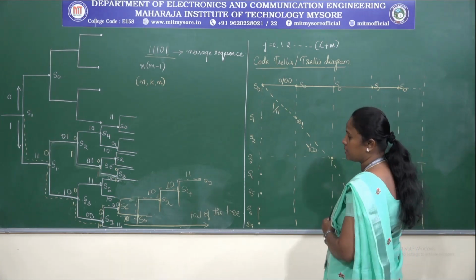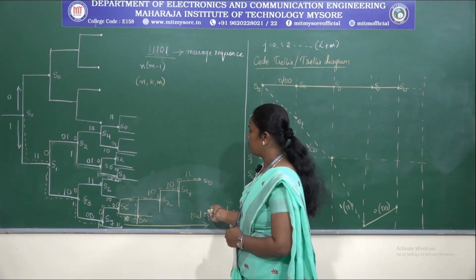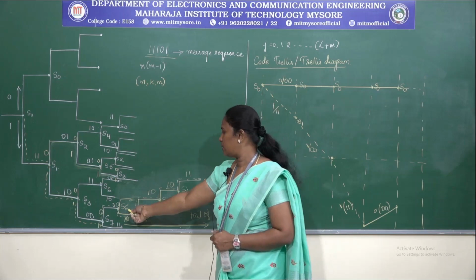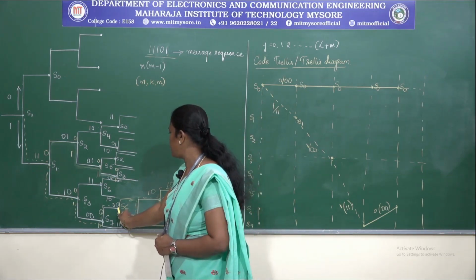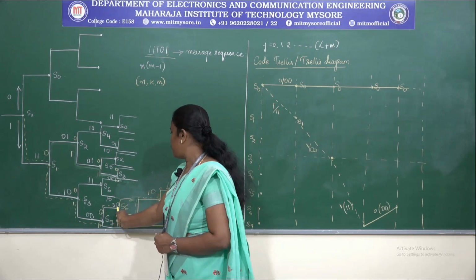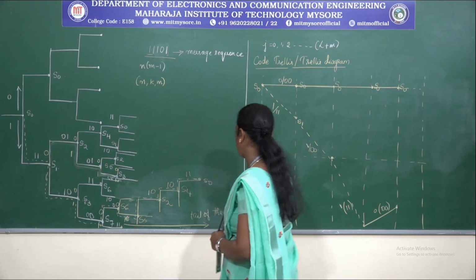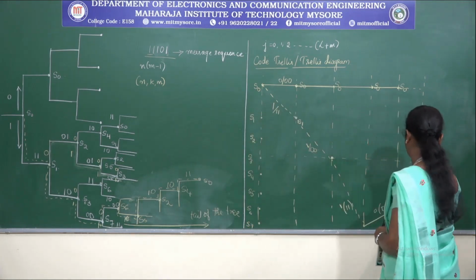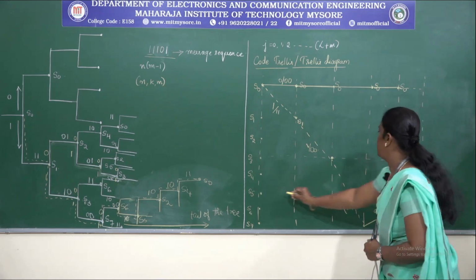Next from S6, this is called the extension of the tree. So after S6, this is with respect to input 0. So we got S6, and with input 1 it reaches S5.